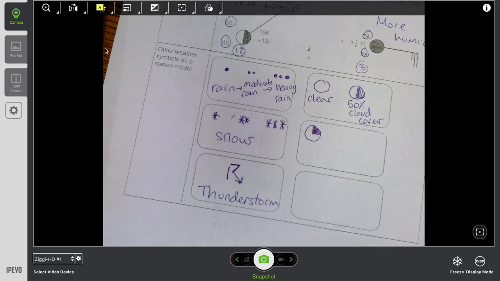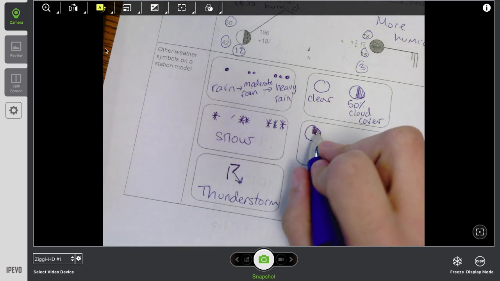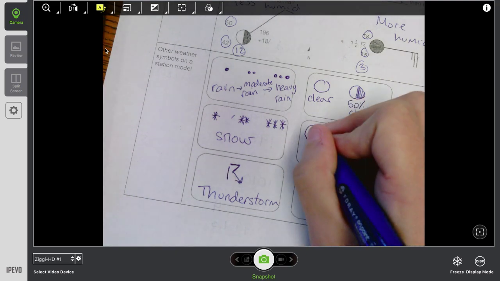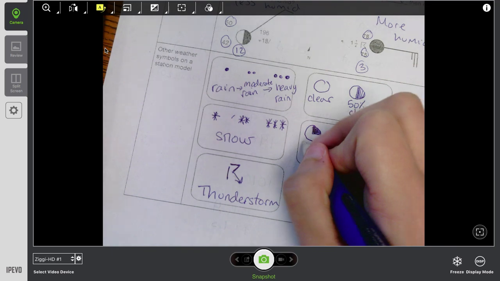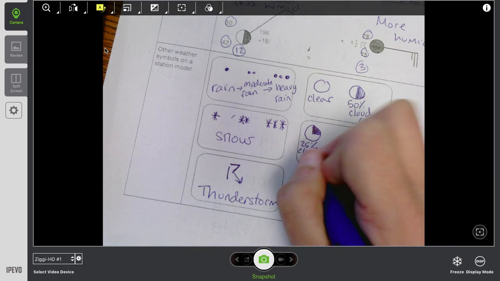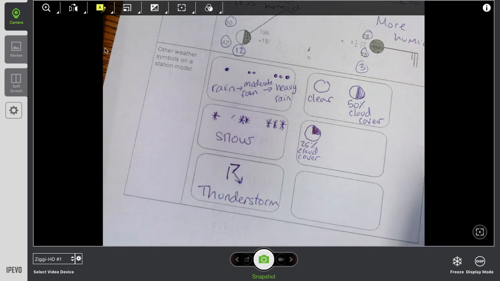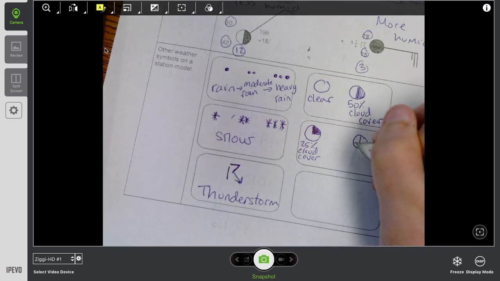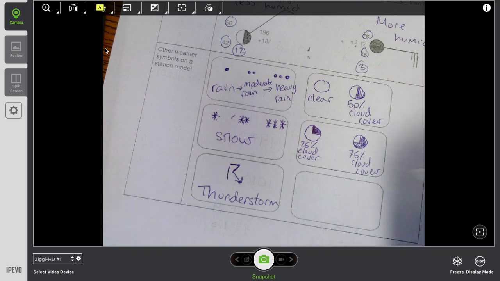Usually you're going to see something like this. If it's only a quarter of the way shaded in, like you took 1/4 of the pie, that means 25% cloud cover. And vice versa, 75%. All right, so that's your general trends for clouds.